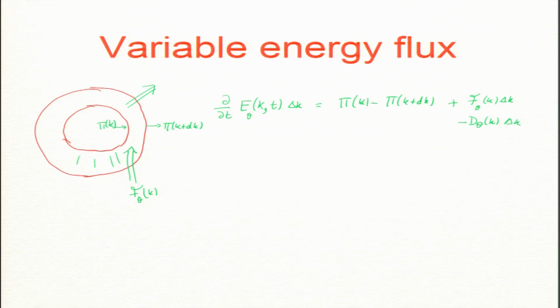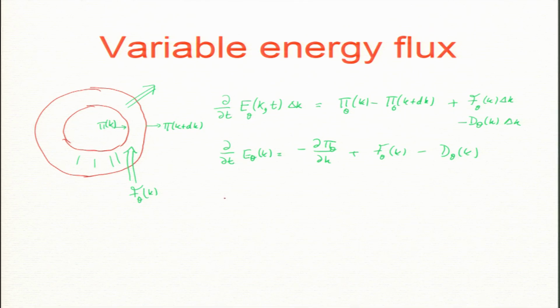Now, divide by delta k everywhere, and that will give me the equation d by dt of E theta of k is minus d pi theta by dk, with a minus sign because of the k plus dk term, plus f theta of k minus d theta of k. Remember this? This was exactly the same for the velocity field, except u was replaced by theta.